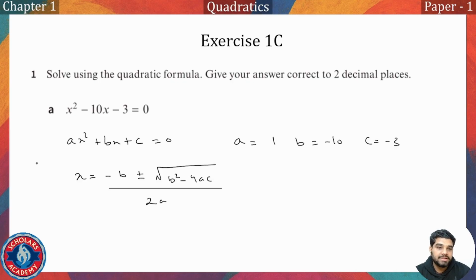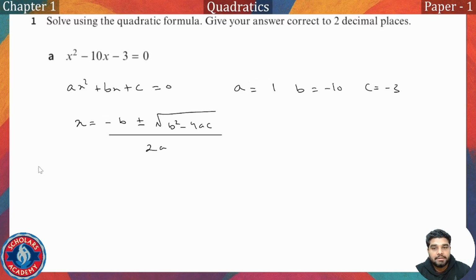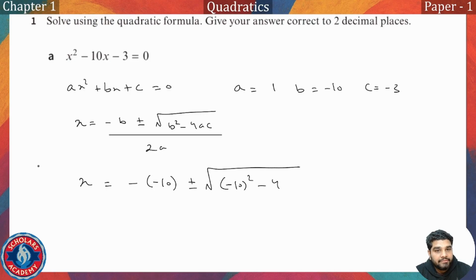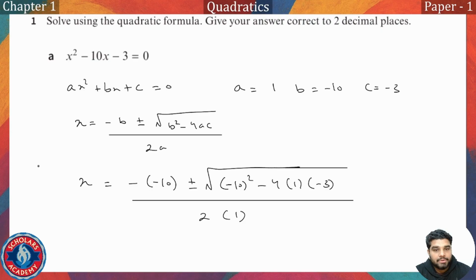Substituting these values, we get x equal to, in place of b, −10. So minus of −10 ± √((−10)² − 4 times the value of a, which is 1, times the value of c, which is −3), whole divided by 2 times 1.